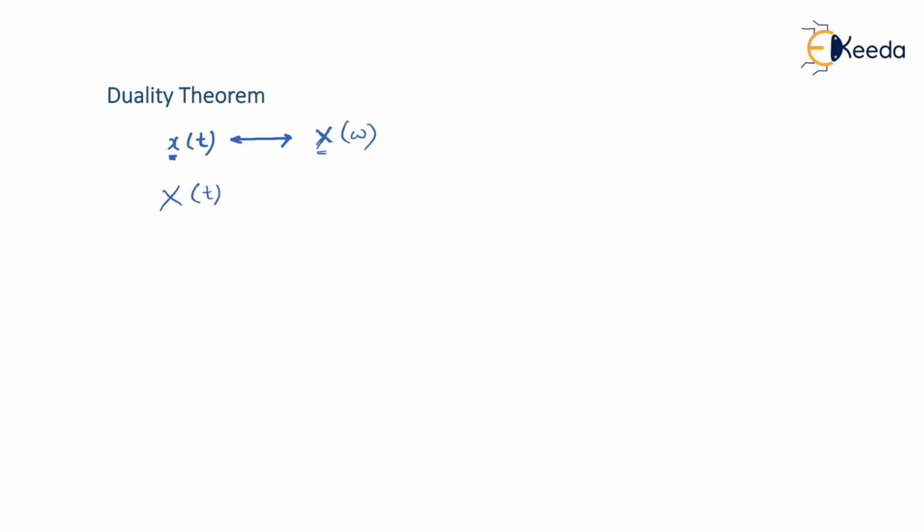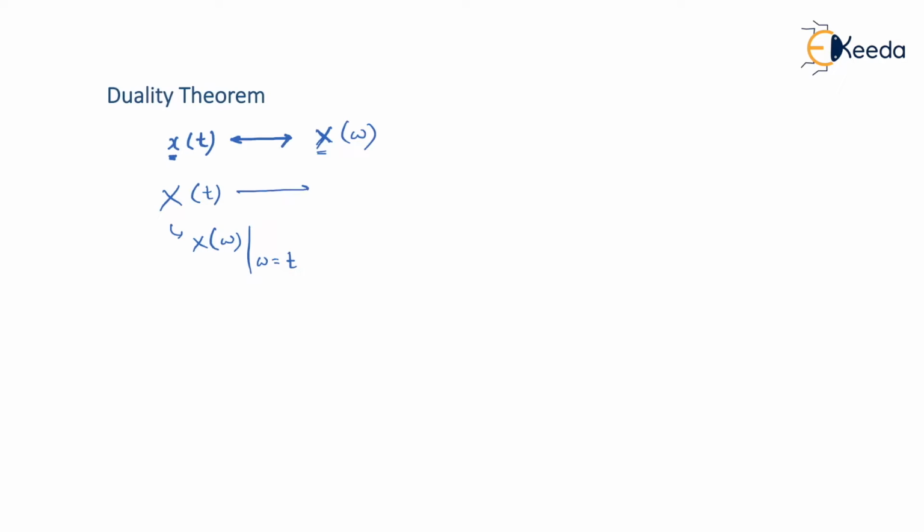And why I'm doing so? Because the same thing is given in all the five problems. Am I right? There, if I replace t with omega, then only it becomes a standard function for which they are asking us a Fourier transform. So capital X of t means it is actually X of omega, where omega is replaced with t. I hope you got my point.